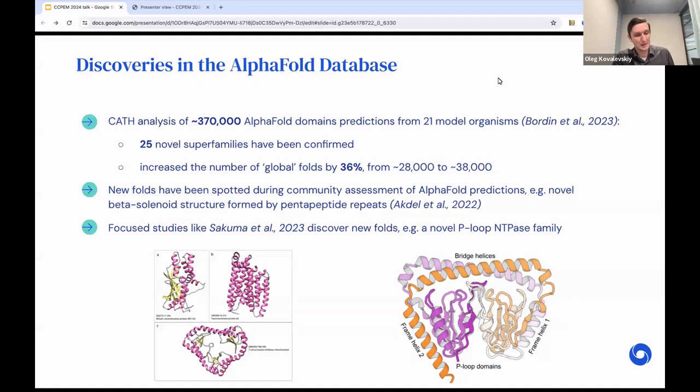And yes, analysis by CATH, protein classification, and other data mining research in the AlphaFold database proved that AlphaFold can produce folds substantially different from those in the PDB. So the availability of such a database opens up the possibility of structure-based search against it, which unlocks a multitude of applications.